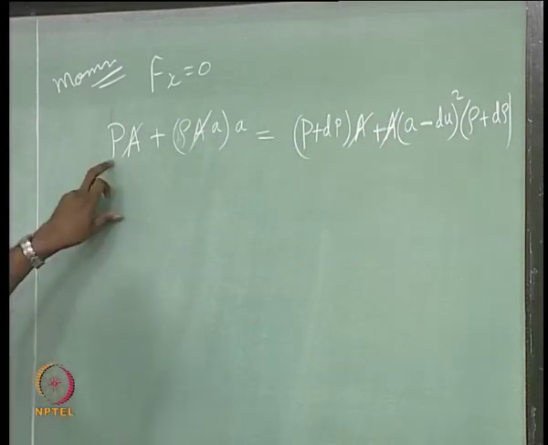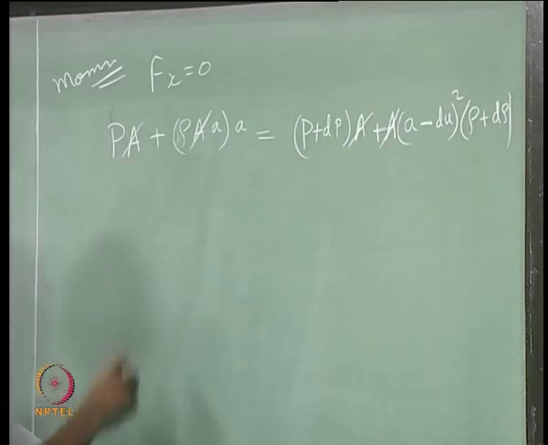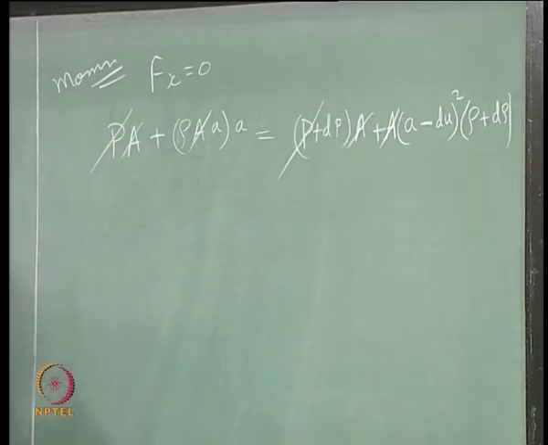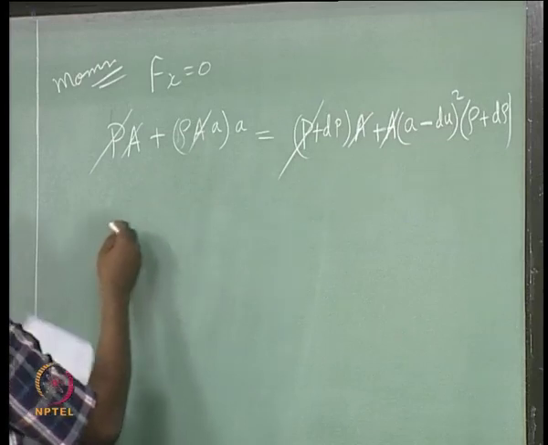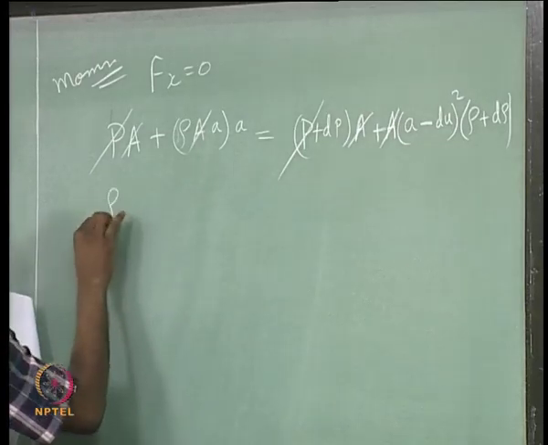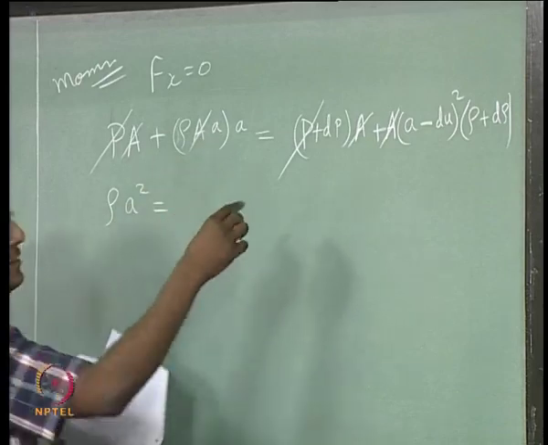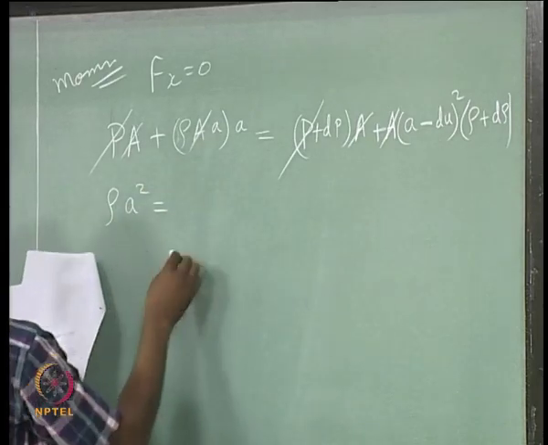Now the next thing I can cancel will be the pressure directly, the pressure term is sitting there, pressures are getting cancelled. Now if we look at the remaining terms, we will write one more step so that it is easier. Rho a square on this side, other side it is going to be a whole bunch of terms.